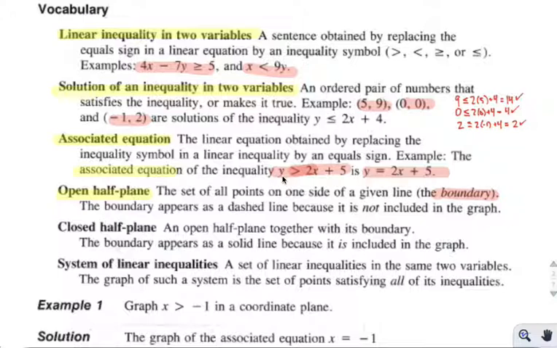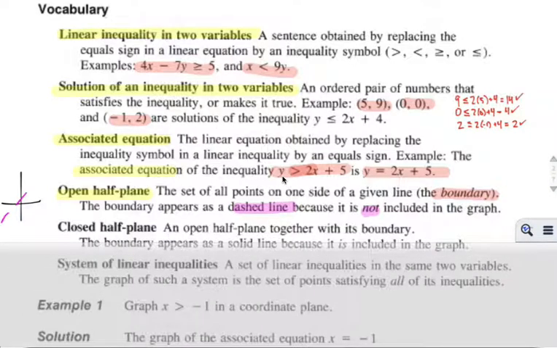The boundary appears as a dashed line when it is not included in the graph. That's an open half plane. For instance, if I have a dashed line and I shade above, that would be an open half plane.